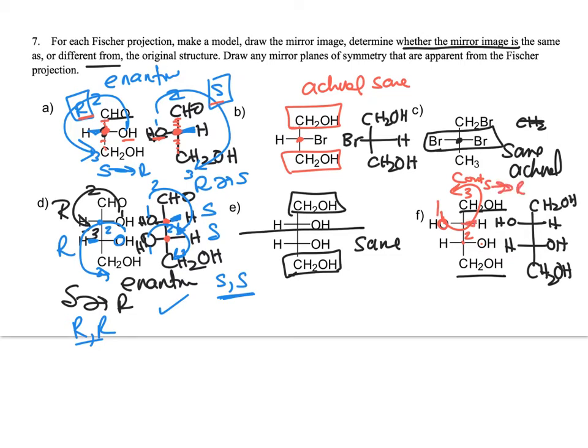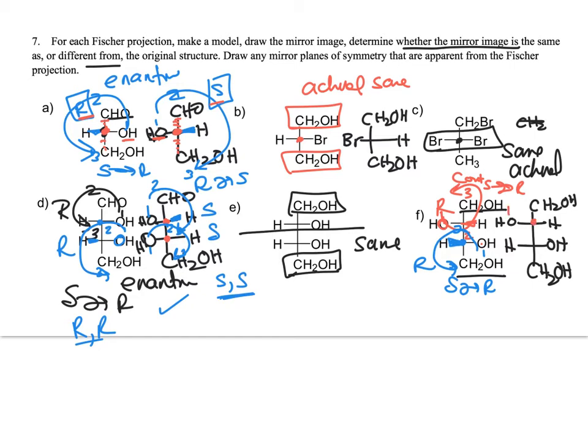So you have to switch it. So this would be R. And then this carbon here would be 1. This would be 2 and 3. 1, 2, 3. Counterclockwise is S, but your hydrogen's on the horizontal, so that's going to switch to an R. So this is RR.